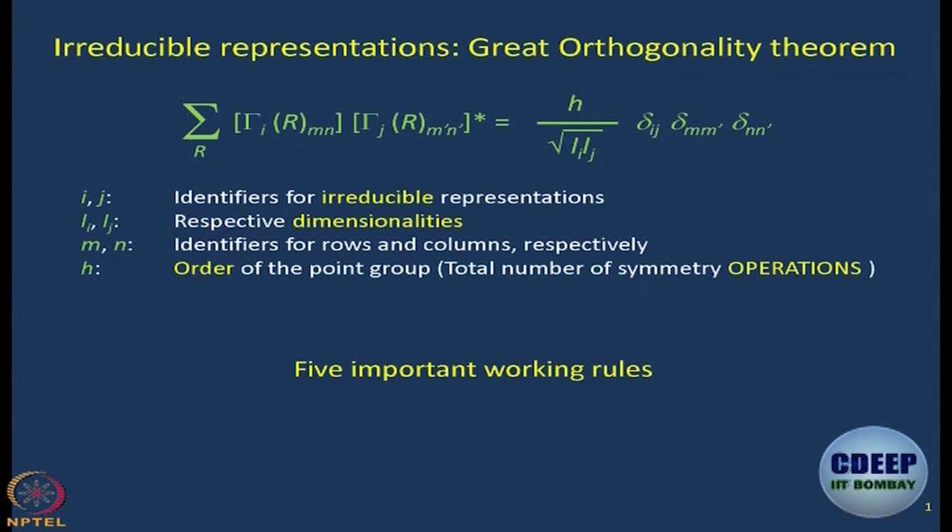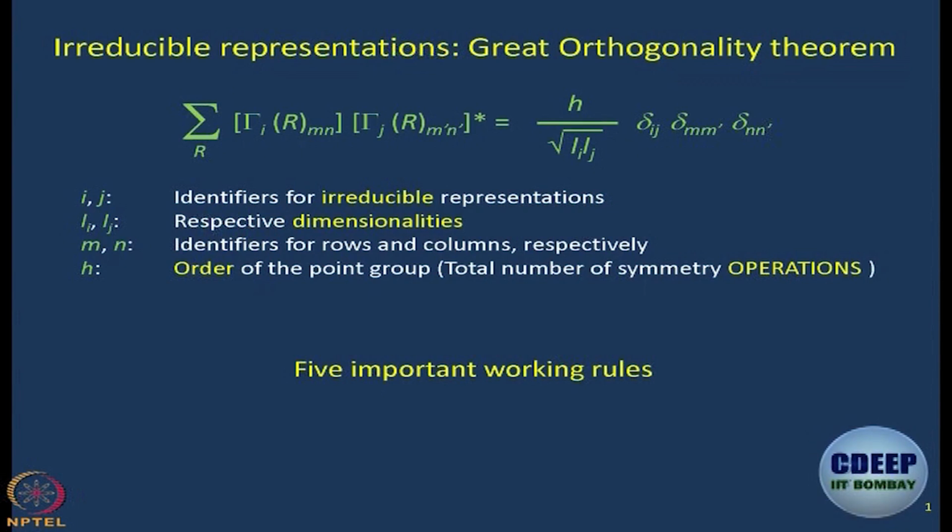It can be either 1 or 0. When is it 1, when is it 0? One of them gave half the answer, the other gave half the answer at the same time. So both of you are right, very good, full marks. So when i equals j, then delta ij equals 1. When i is not equal to j, delta ij equals 0. Same is true for delta mm dash and delta nn dash.